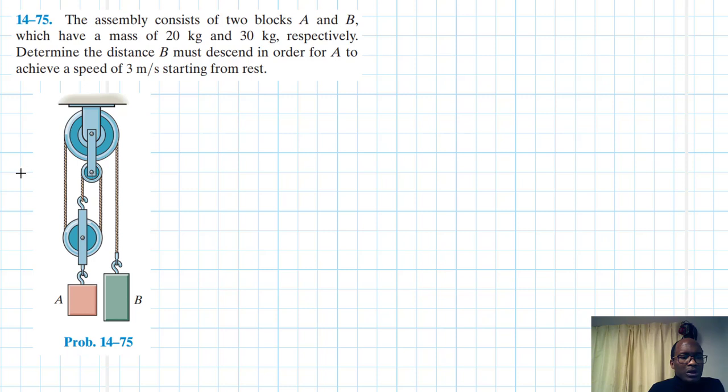Okay, so let's say this one is our reference. Okay, so we have A there, we have B there, and then let's say B descends by this distance. Use another color.